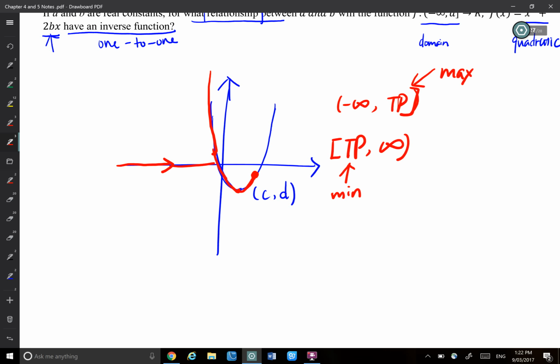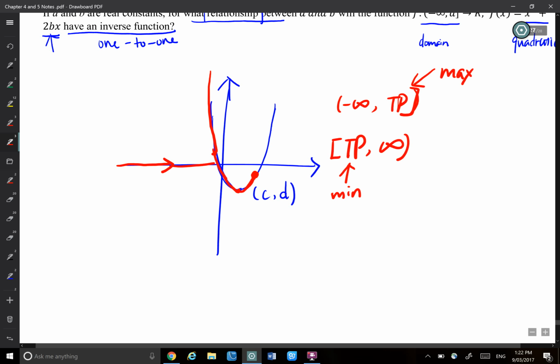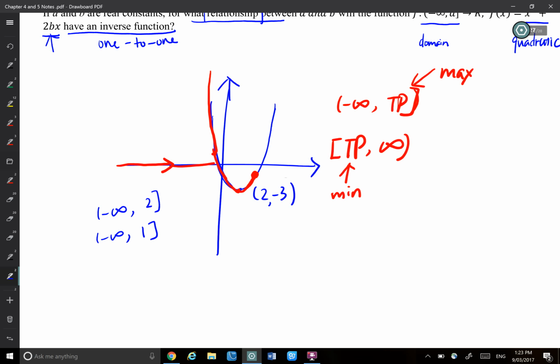So the maximum is the turning point. Let's say that point is (2, -3). If it wants to be a one-to-one function, I can go from negative infinity to 2, which is the maximum. It's not necessary to reach the point 2, I can go from negative infinity to 1. It's also possible. It's not necessary to really reach the turning point, but you must stop before the turning point.